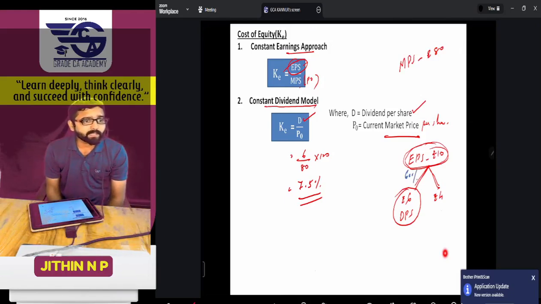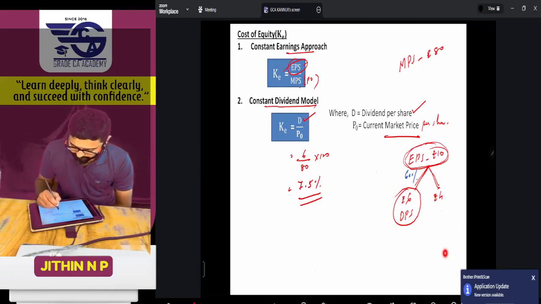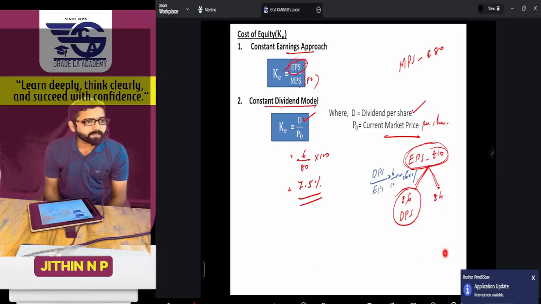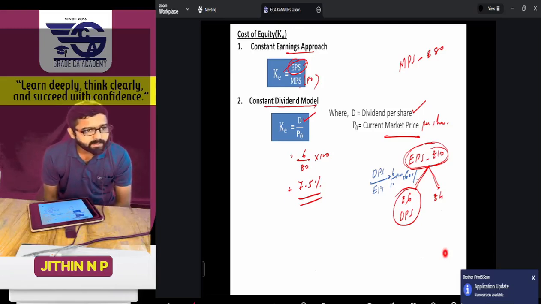How did we get this dividend payout ratio? DPS divided by EPS. 6 divided by 10 into 100 is 60%. DPS divided by EPS is the dividend payout ratio. Clear? 60%.